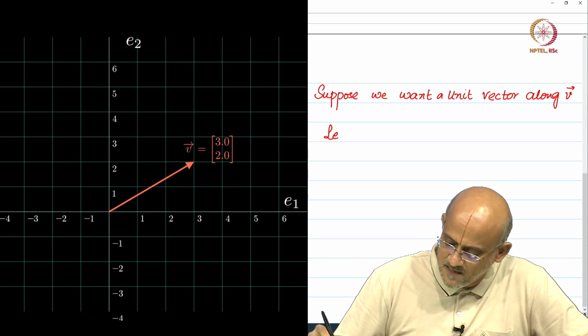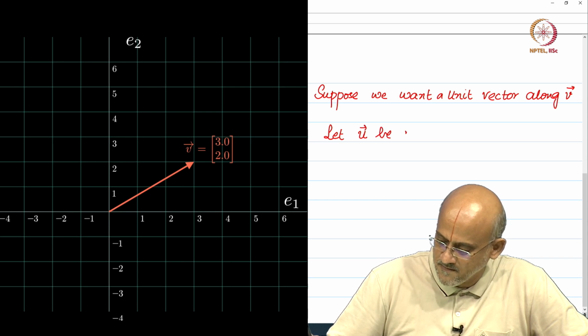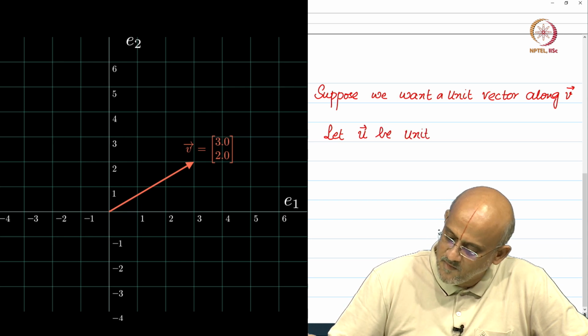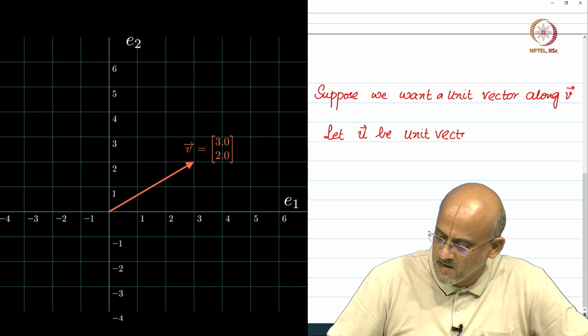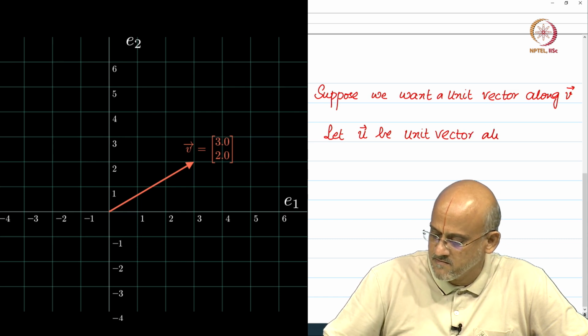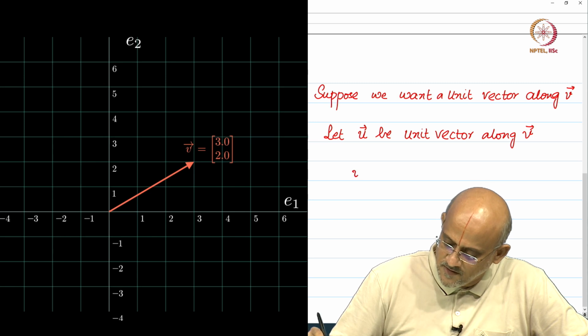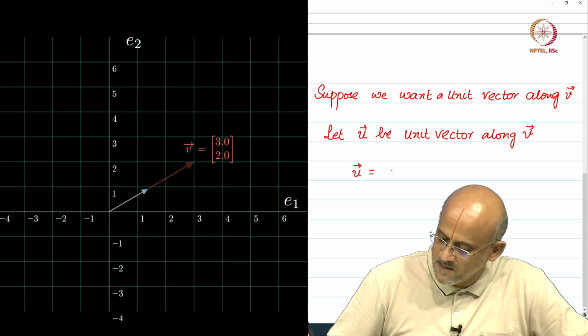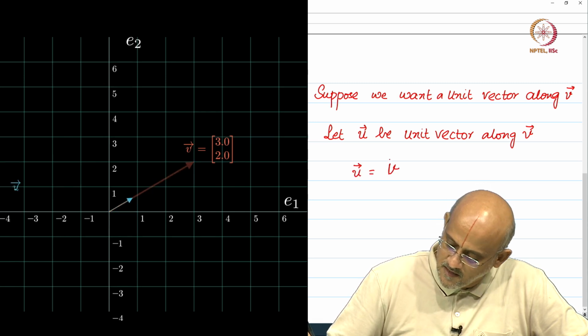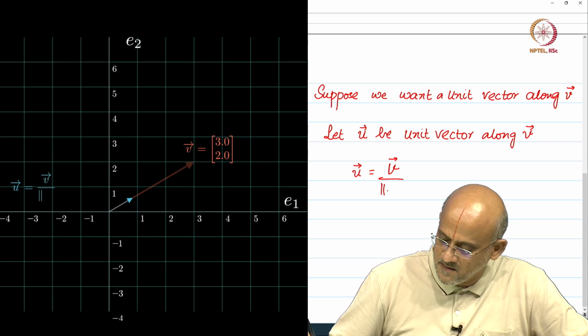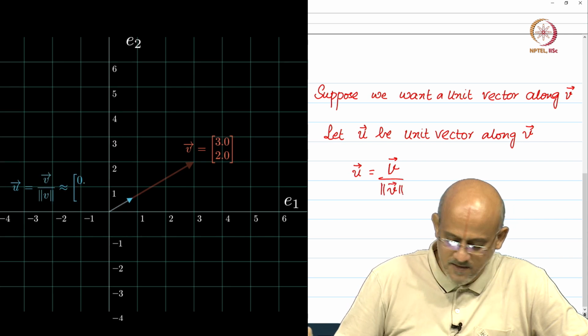Let u be a unit vector along v. How are we going to define this? We say u is basically the vector v divided by the norm of the vector v.